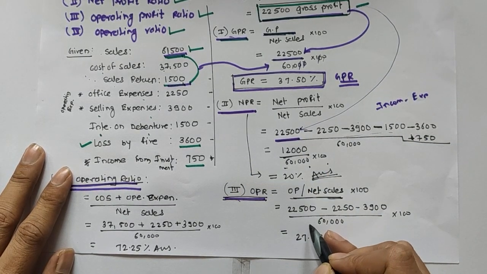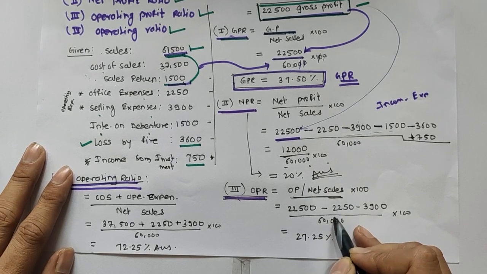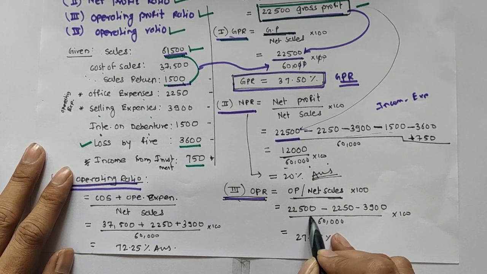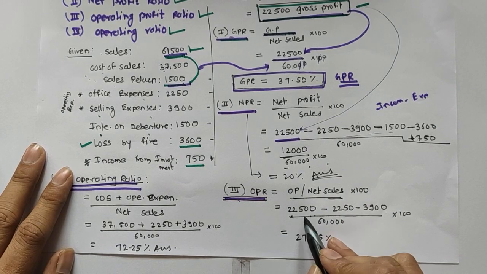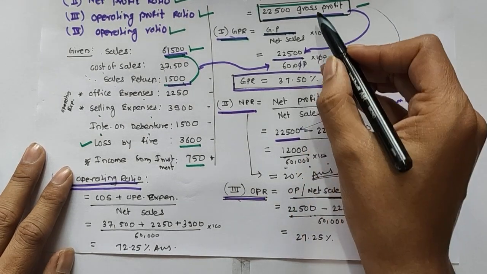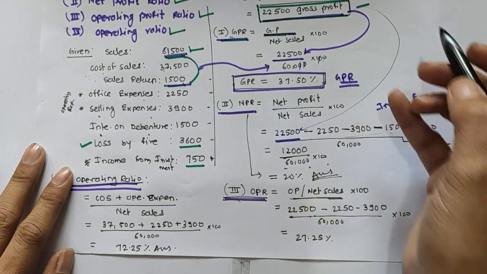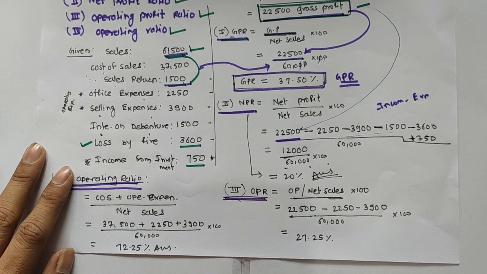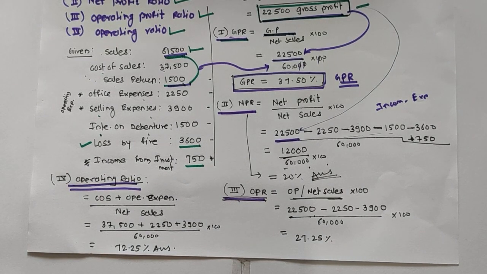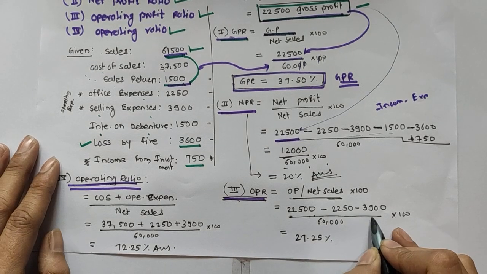See, operating profit we have to calculate. 22,500, what is this? This is nothing but your gross profit. In the previous example I told you how to calculate the operating profit. We have to add the operating income and subtract the operating expenses.